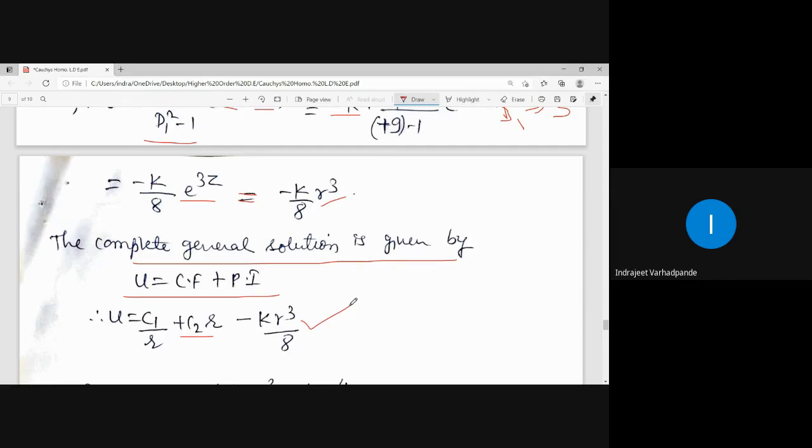So the complete general solution is u is equal to CF plus PI, u is equal to this value.